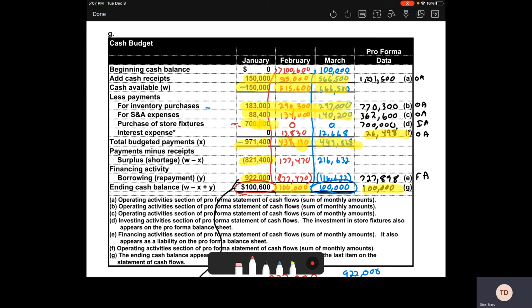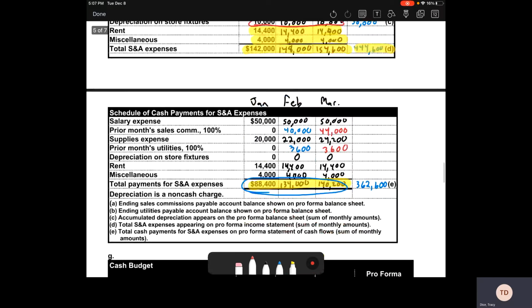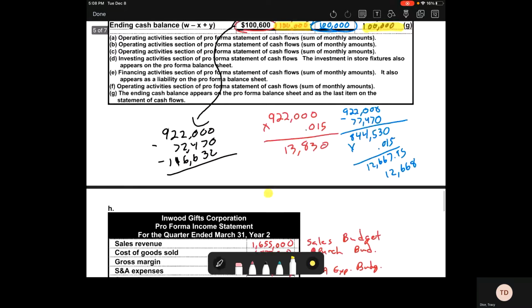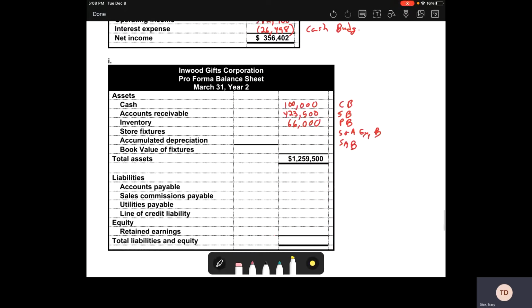We can take that from our cash budget, but then we look at what we have depreciated, which is 30,000. So our store fixtures started out at 700,000. They've depreciated 30,000, which means we have $670,000 left. And when you add those up, hopefully they equal 1,259,500.